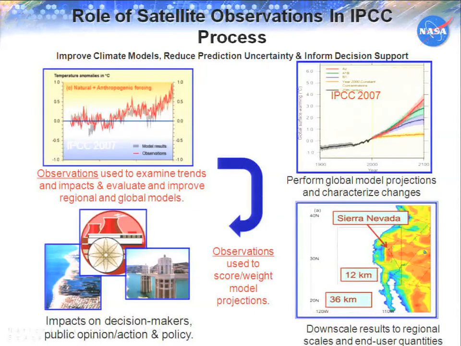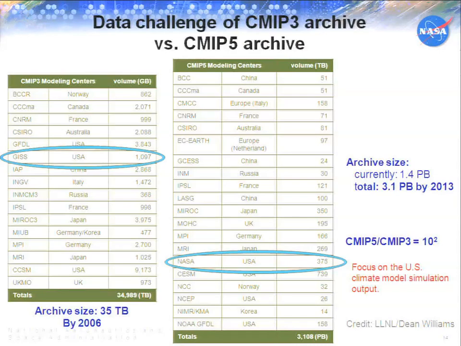The goal is, of course, to reduce that uncertainty and to be usable by multiple communities: climate scientists, and impact, mitigation and decision-making managers. So we build the tools around those use scenarios.